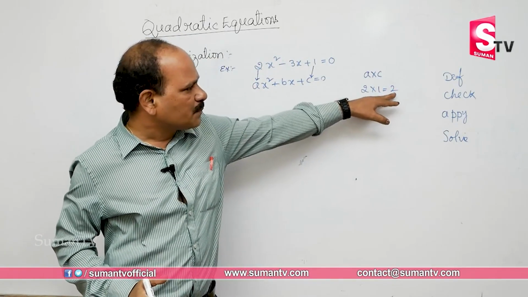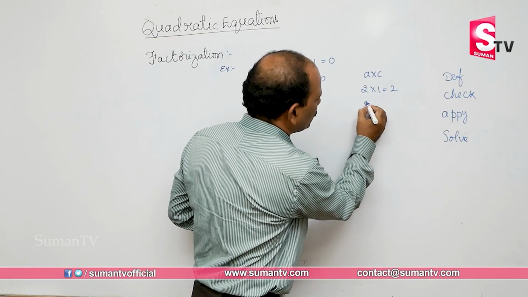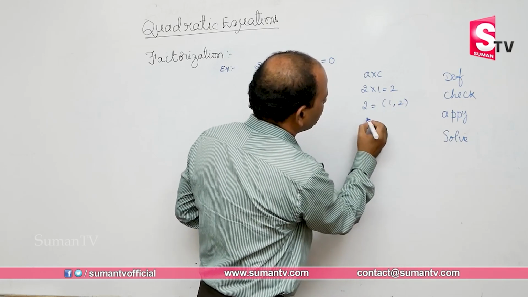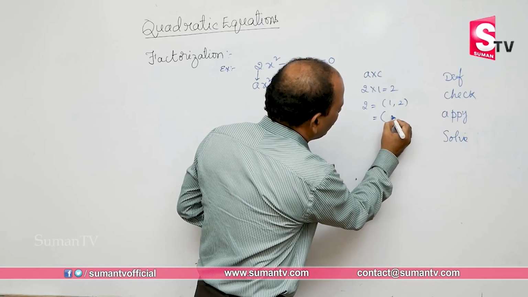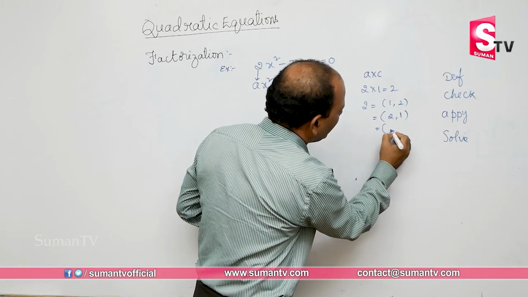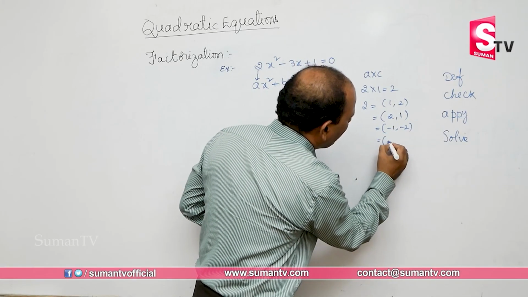Next, I have to split it into factors. What are the factors for 2? One is 1, 2. Other factors are 2, 1, and minus 1, minus 2.